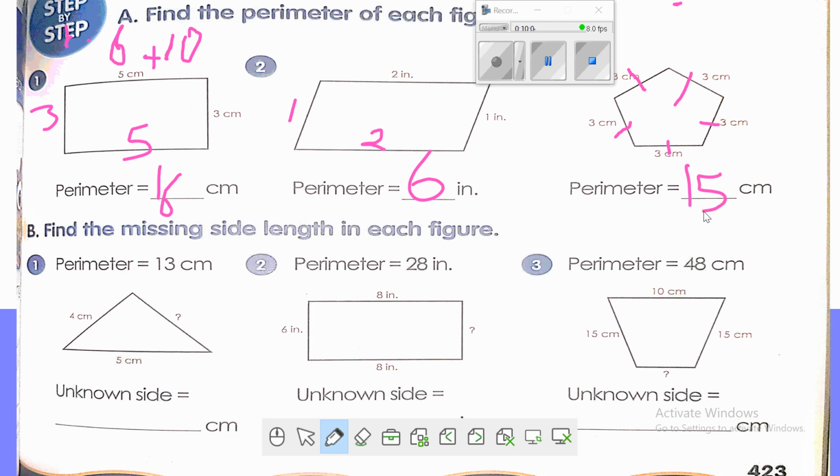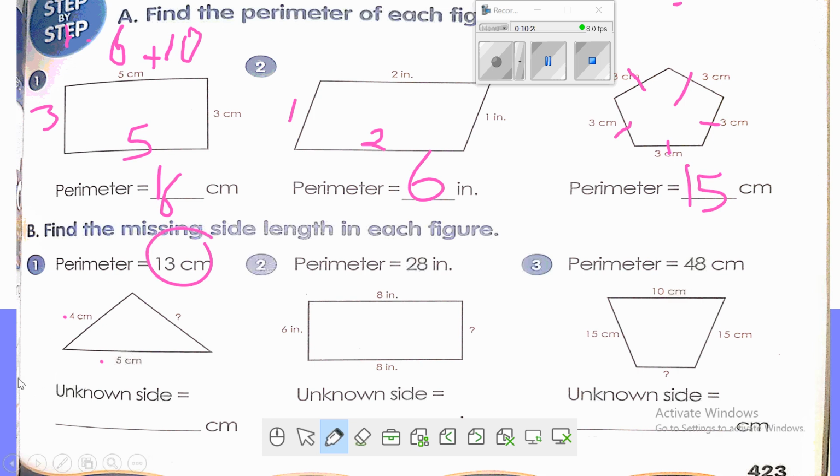Now here I have to find the unknown, find the missing side length in each figure. They give me the perimeter, which is 13. The first one is 4 and then 5. Now how will I find it? Teacher, it is not a rectangle, it's a triangle, so I have to add the two known sides and then subtract it from the perimeter.